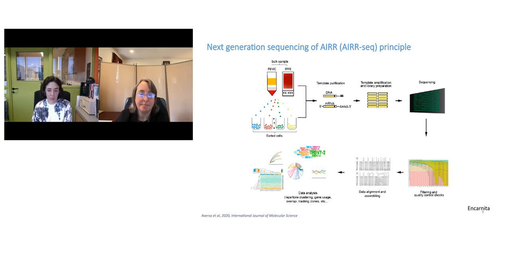The general principle, without entering into too much detail, is that you can start from different types of samples. It can be PBMC, sorted cells, FFPE samples. You can sort the cells or not from the PBMCs.